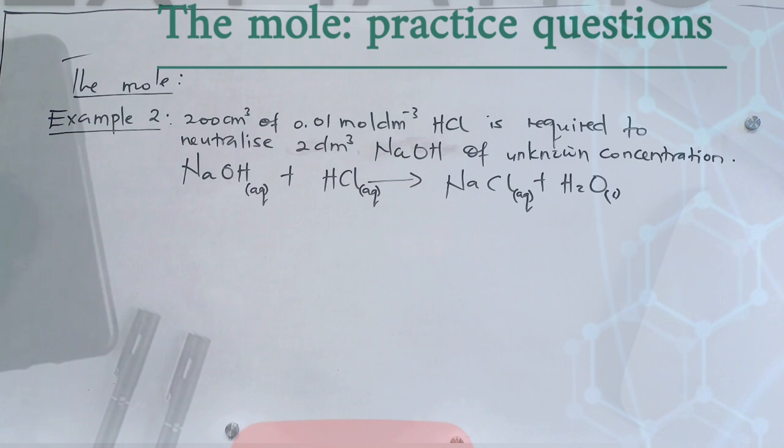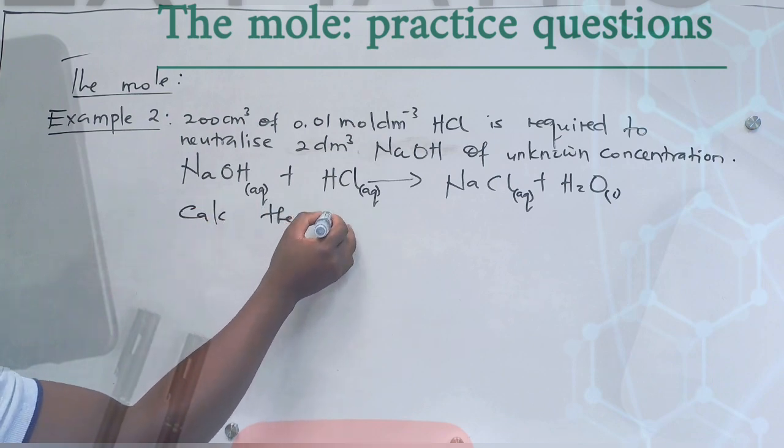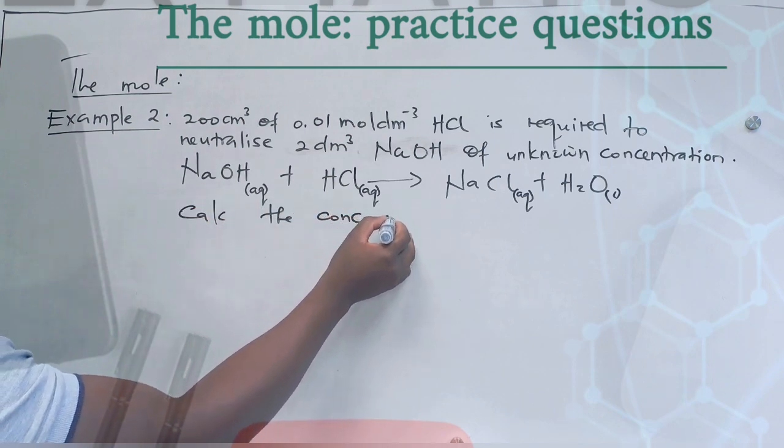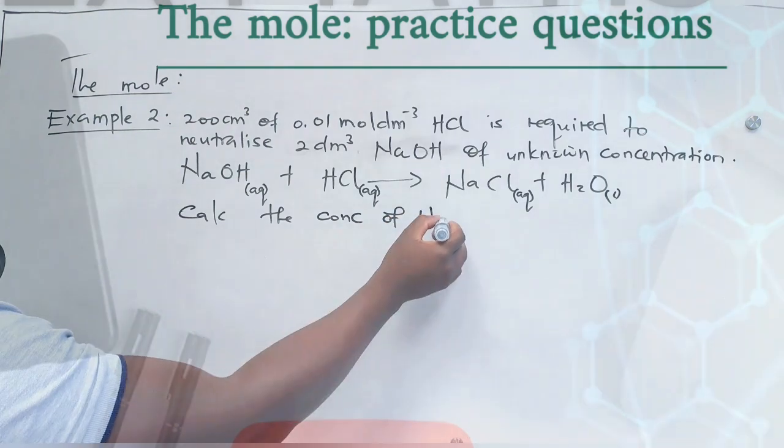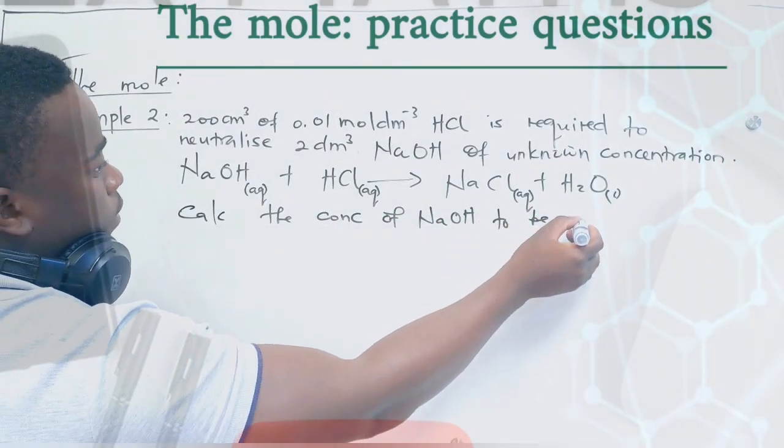So the question is to calculate the concentration of sodium hydroxide to be neutralized by 200 cubic centimeters of 0.01 hydrochloric acid. Okay. Calculate the concentration of sodium hydroxide to be neutralized.